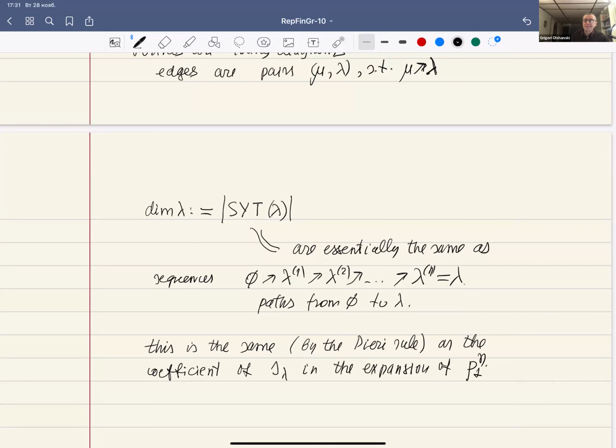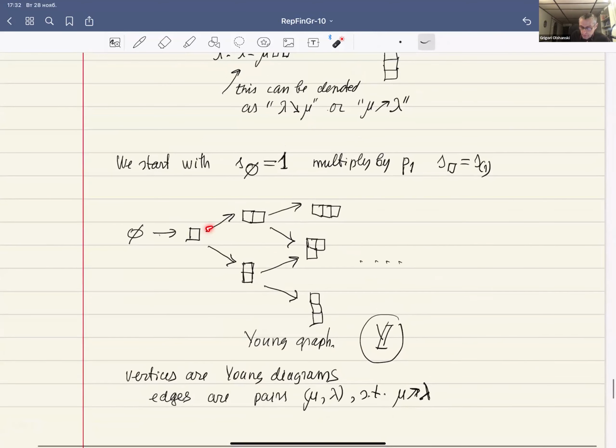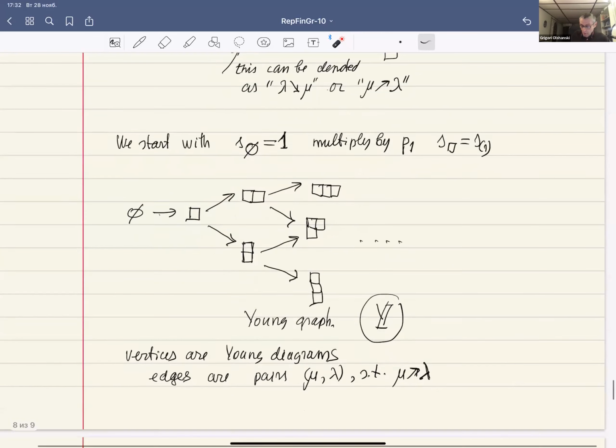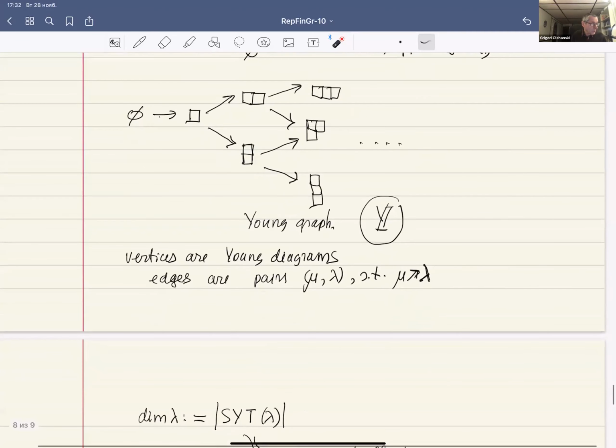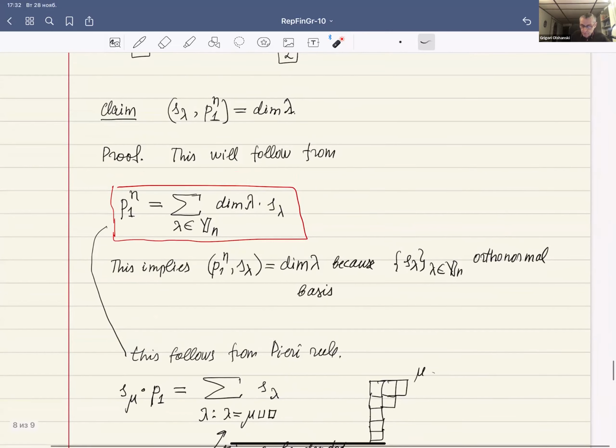Because the coefficients in the expansion of this function are just produced from these moves, from these paths along the edges of the Young graph. Is it clear? What we get, actually, is that we just proved this formula.